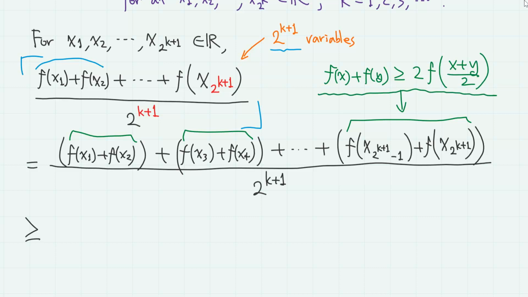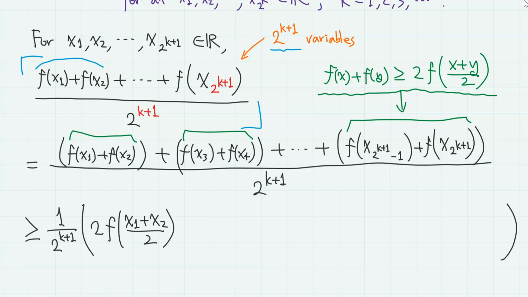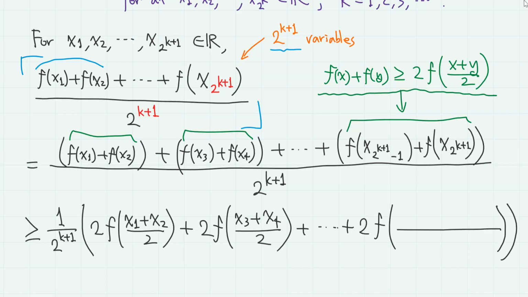So this is greater than or equal to, and let's write 1 over 2^(k+1) here. Then we have 2 times f((x1 + x2)/2), then 2 times f((x3 + x4)/2), and so on, until we have 2 times f((x_{2^(k+1)-1} + x_{2^(k+1)})/2).